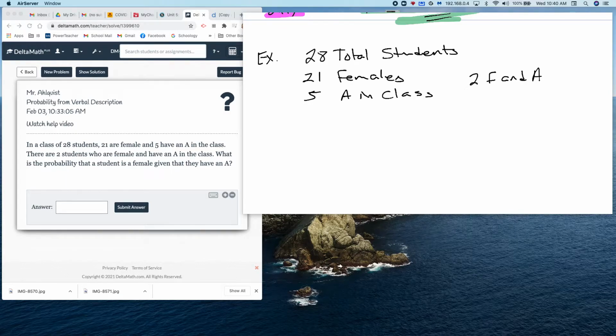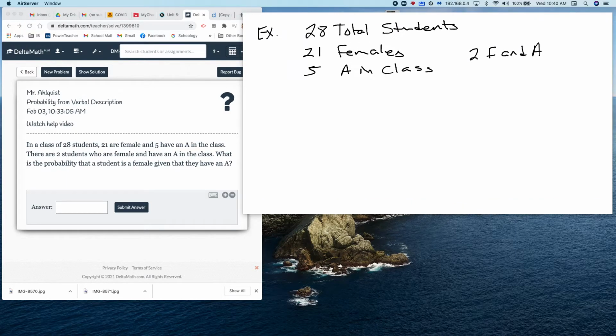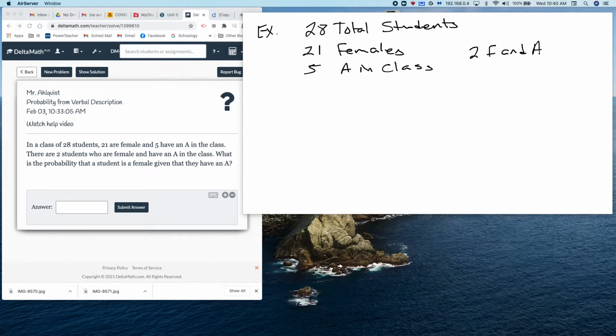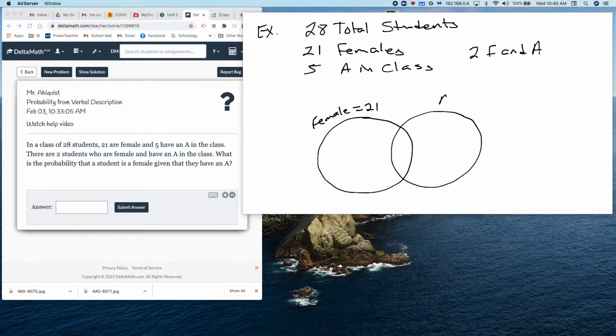Okay, if we wanted to represent this using a Venn diagram, I'd say I've got a circle for female, and we know that total is 21. I've got a circle over here for A in class, and I know that total is 5.